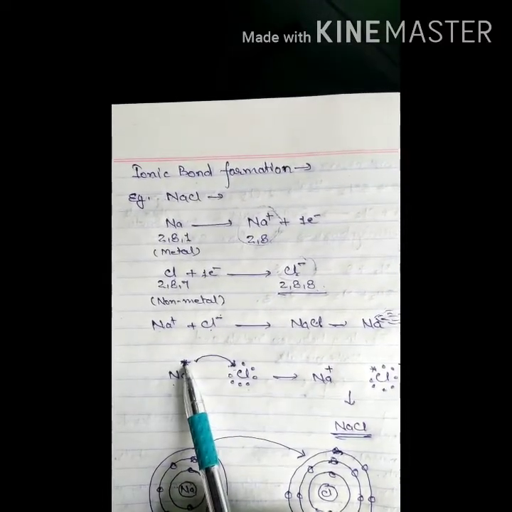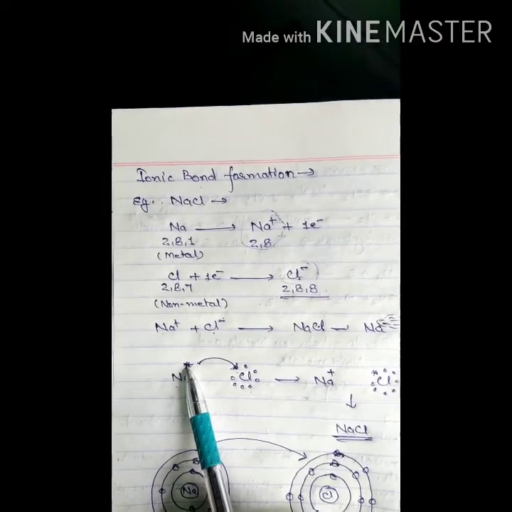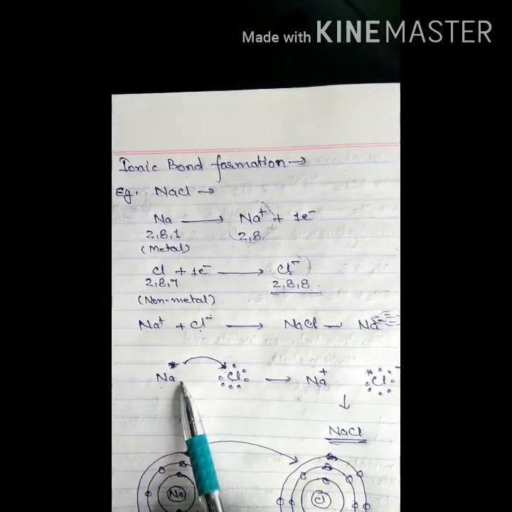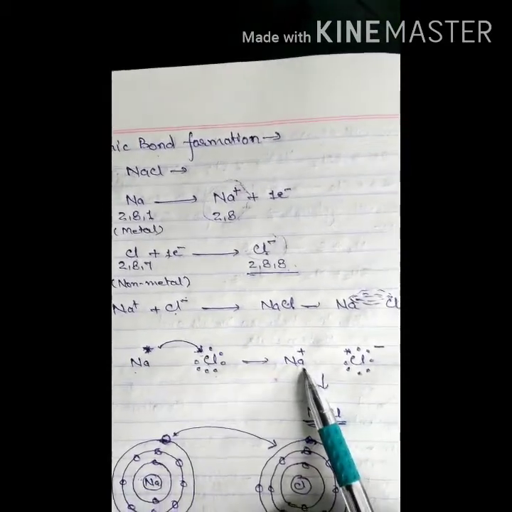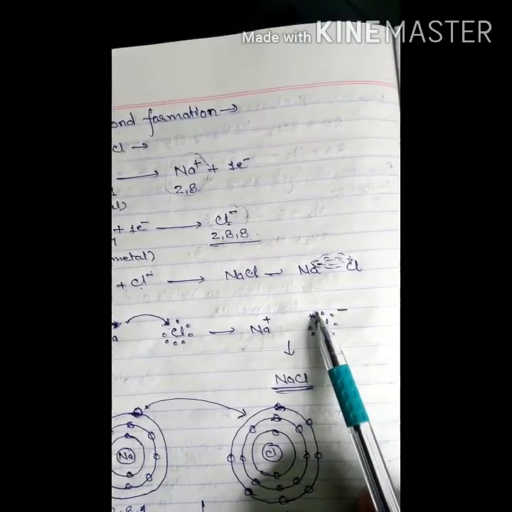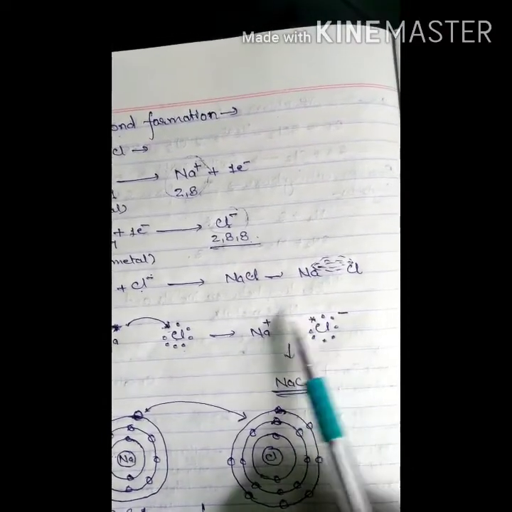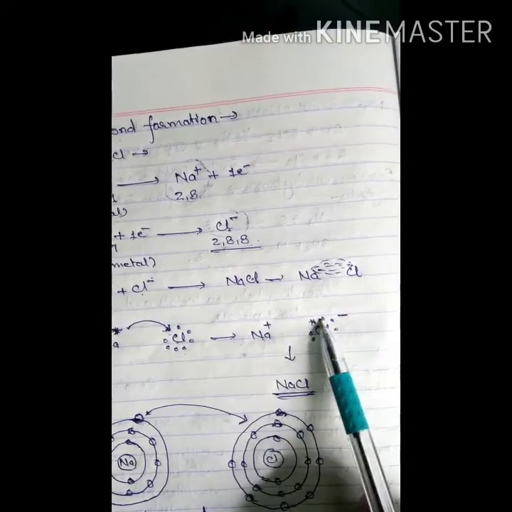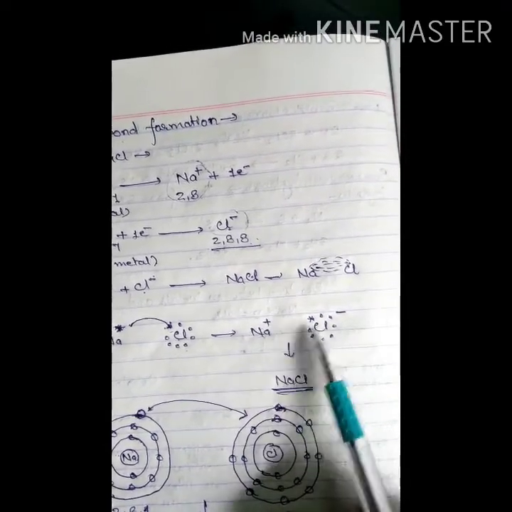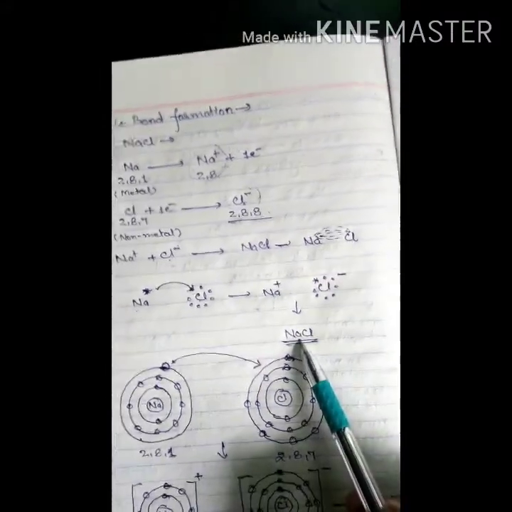So that electron get transferred, which belongs to sodium, to the chlorine, and in this way again sodium get positively charged and chlorine get negatively charged with the acceptance of electrons of sodium. This will again result in the formation of electrostatic force between these two and NaCl compound.